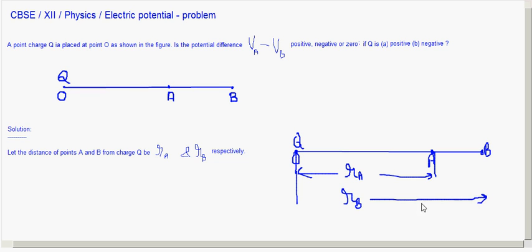So the distances of A and B from O are RA and RB.